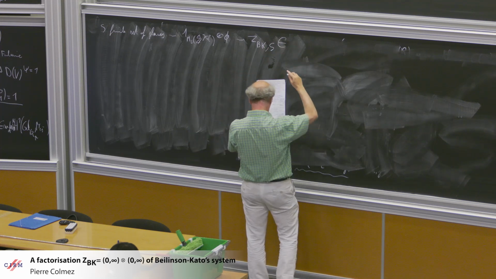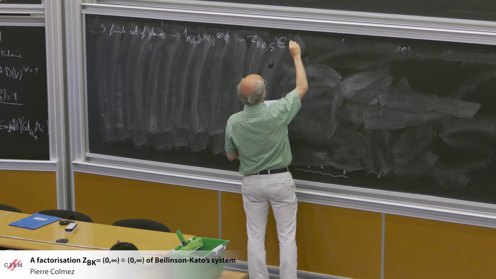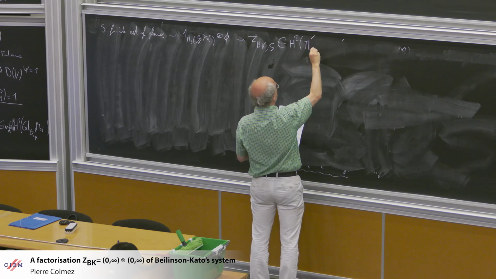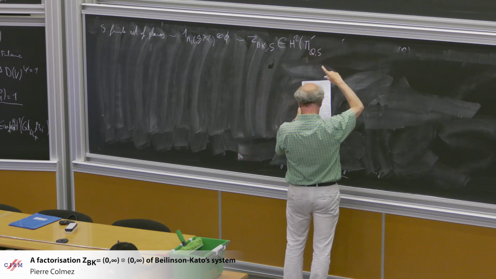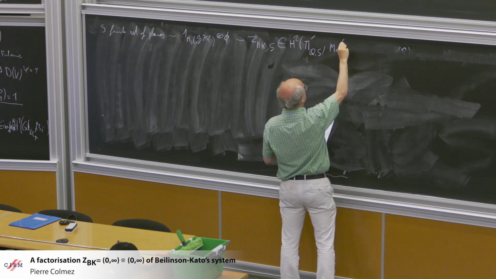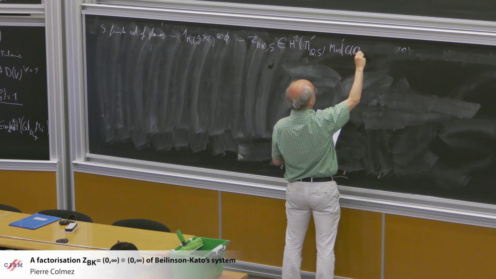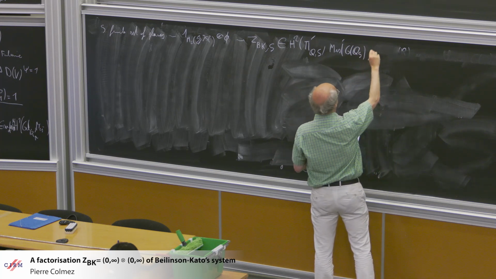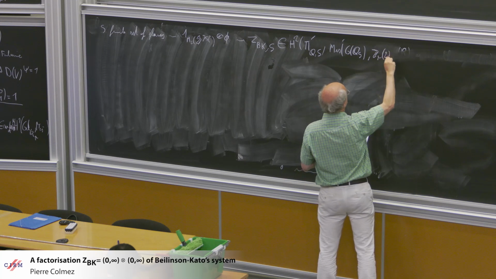which belongs to H2 of a subgroup pi prime QS, where you only put GL2 of Z 1 over S, of the measures on G of QS, which is just the product of G of QL for L in S, with values in ZP of 2.